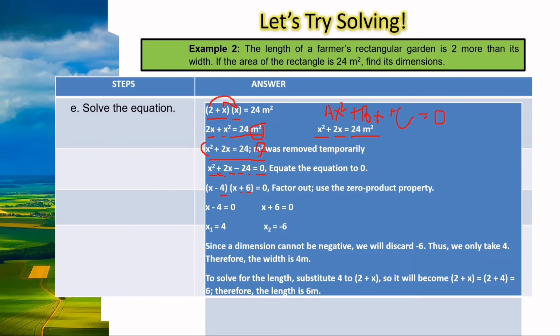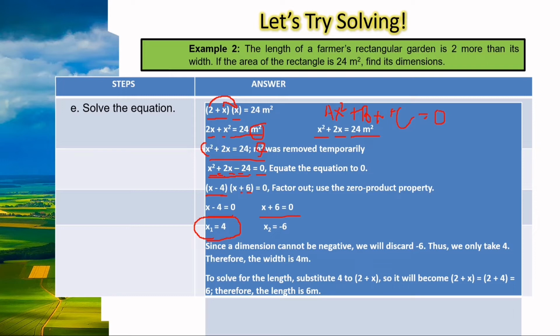Now we are able to factor out and use the zero product property. Since we have equated the whole polynomial to 0, we can also equate x minus 4 and the binomial x plus 6 to 0 individually, so that we can look for the values of x that will become part of our solution.